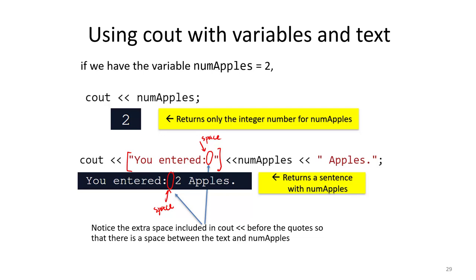So you want to be mindful of your inputs and outputs. If numApples is equal to 2, we're outputting the number 2 here, and we want a space between the colon and the 2. So we include an extra space before the closing quote so that the space will be present in the output.